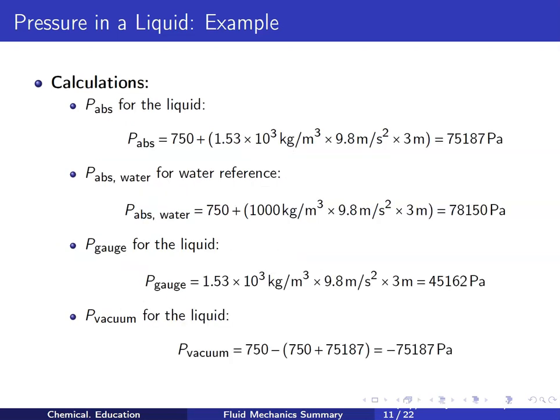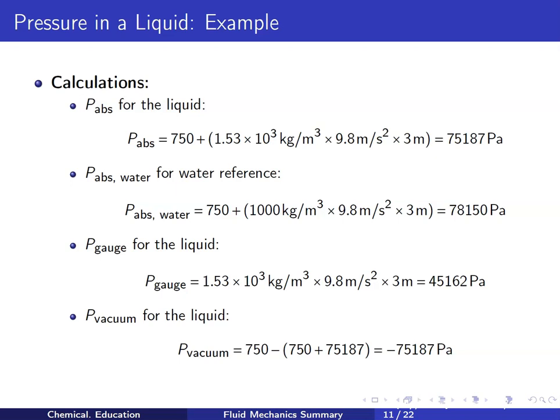Now here, P abs for the liquid, so atmospheric pressure into that density, then g and into height, so that is 75187 Pascal. P abs for water, so that will be atmospheric pressure plus that 1000 kg per meter cube the density, so then absolute pressure will be 78150.